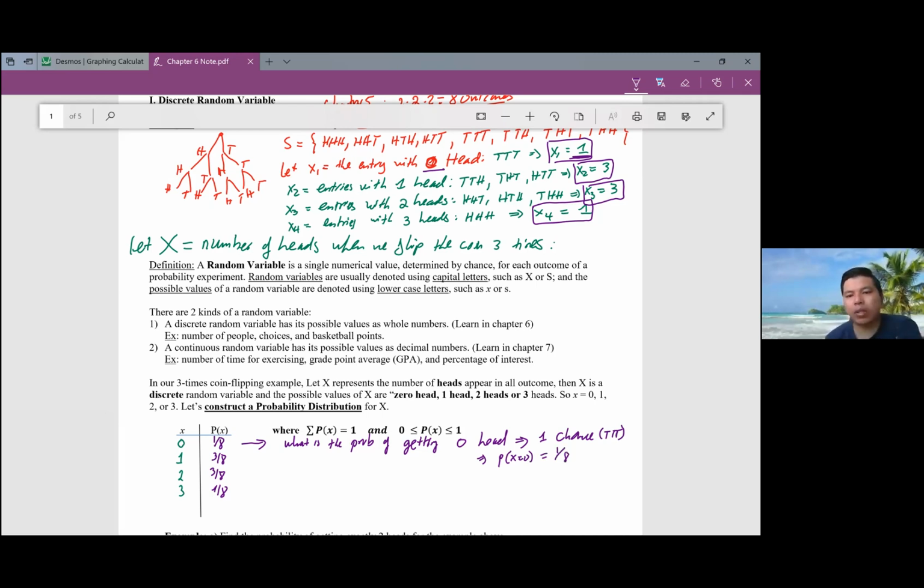So that's how it's described. Okay, guys? So it's not, oh, why you got a 0 and you put 1 over 8? No, 0 is not what we want to divide by 8. 0 is the description. What is the chance of me getting 0 head at all? You have 1 out of 8 outcomes, which is tail, tail, tail, and my chance will be 1 out of 8. Does that make sense?